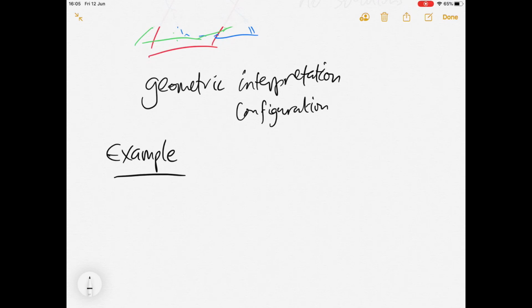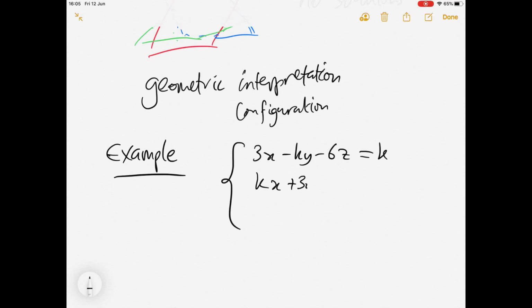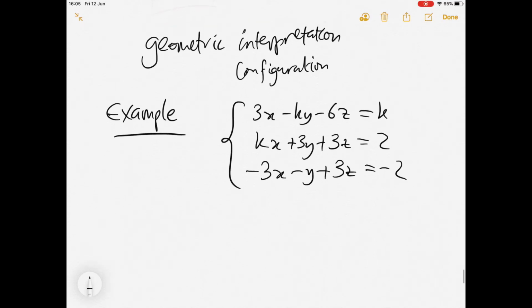So consider the system given by the three equations 3x minus ky minus 6z equals k, kx plus 3y plus 3z equals 2, minus 3x minus y plus 3z equals minus 2. And the question is, in each case, is the system consistent or not?